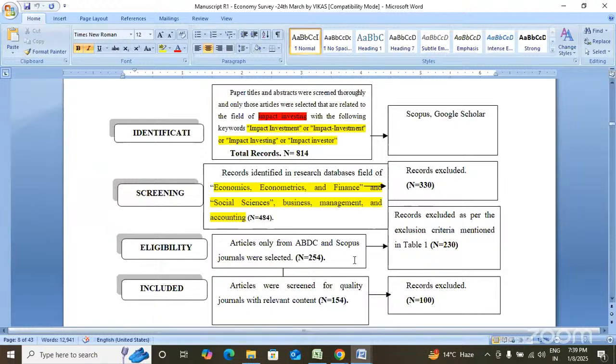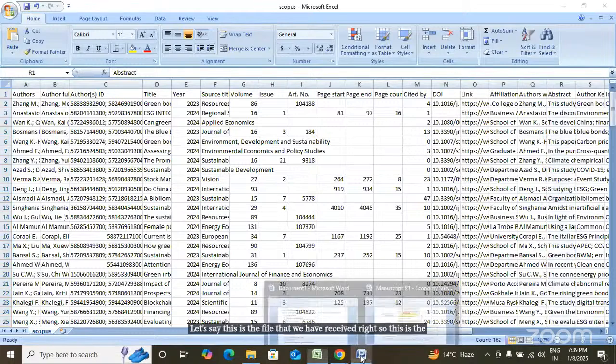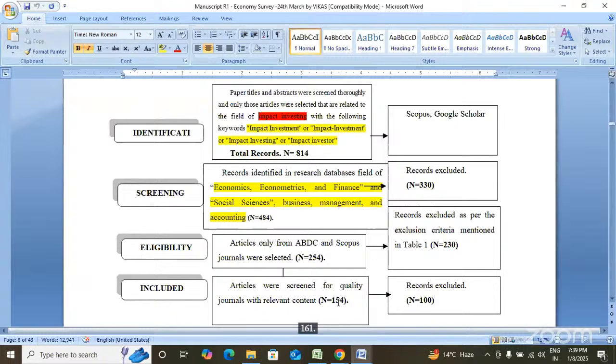Let's say this is the file that we have received, right? So this is the final total number, where it is. 161 is here. Please look at my cursor, total articles after making any changes.